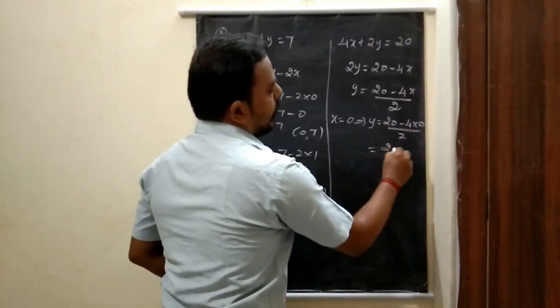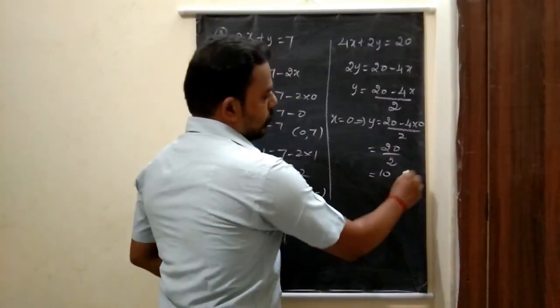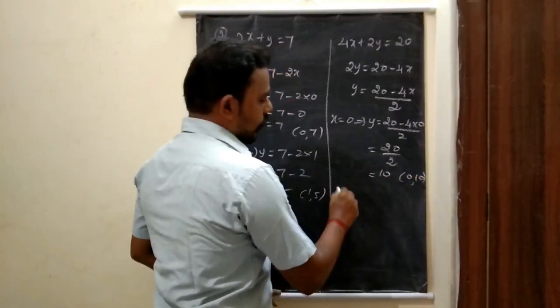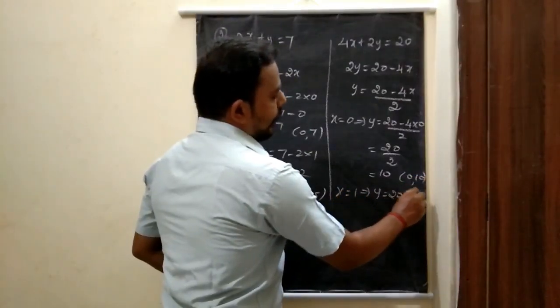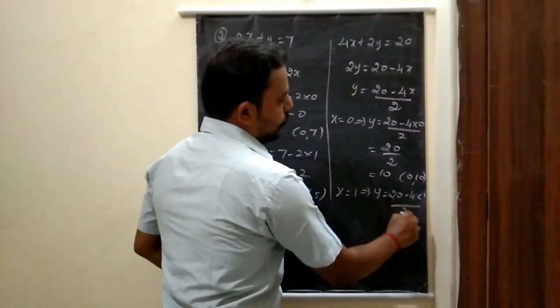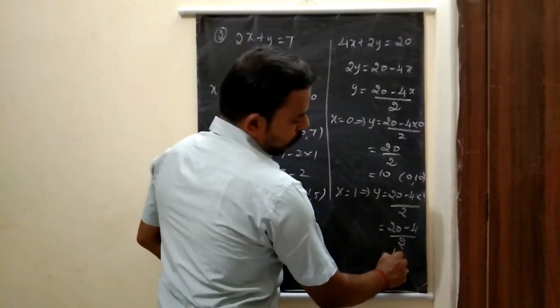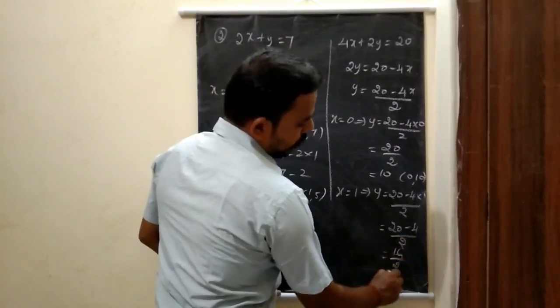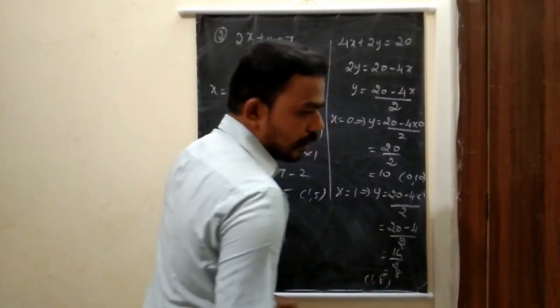That is 20 divided by 2. So 10. So 0, comma 10. This is the point. If x is equal to 1, then y equal to 20 minus 4 into 1 divided by 2. So 20 minus 4 is 16, divided by 2. So 8. So the point 1, comma 8.